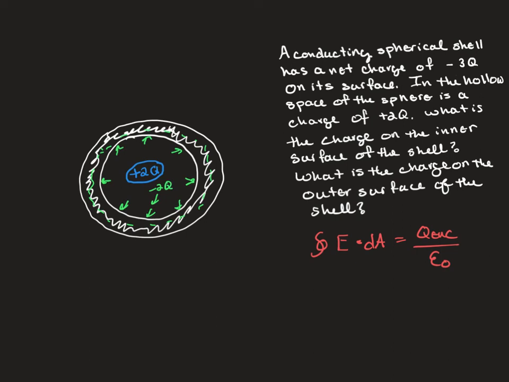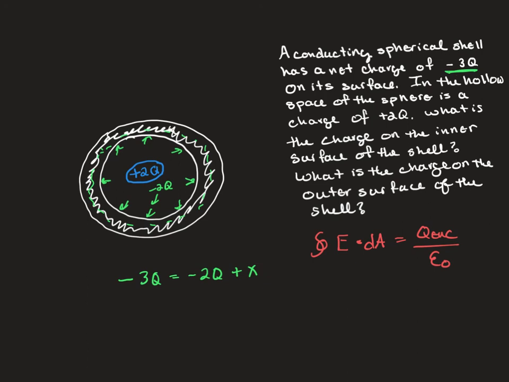Now we know the conducting shell originally had a net charge of negative 3Q. So if my total is negative 3Q and I have a negative 2Q on the inner surface, that means whatever is on the outer surface has to add to that in such a way to get that negative 3Q.